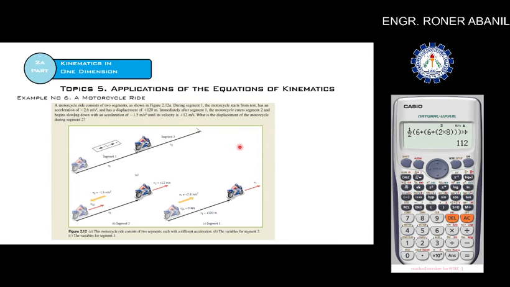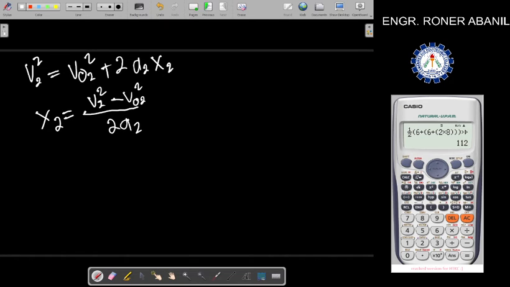This means that the initial velocity of segment 2 is equal to the final velocity v1 of segment 1. That's all.